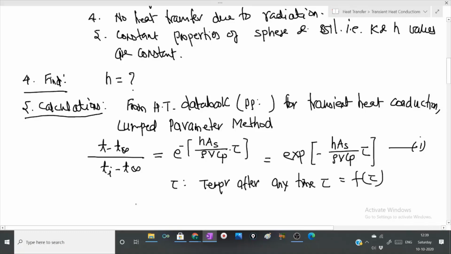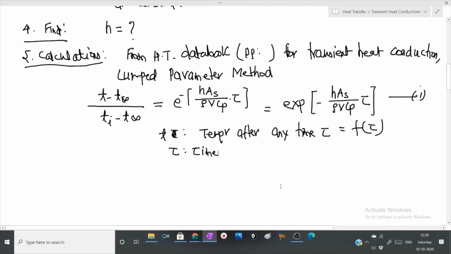The rest of the parameters and their notations are very clear. And oh sorry, T is temperature and tau is the time. Please do not get confused with these two symbols. So this is the equation by the lumped parameter method.